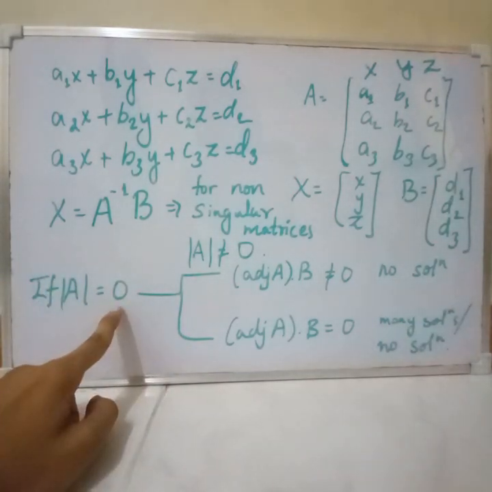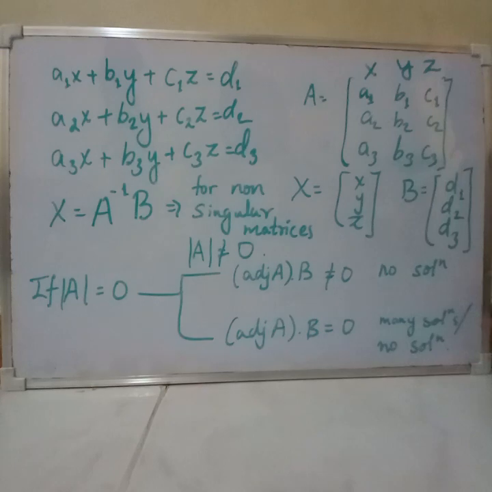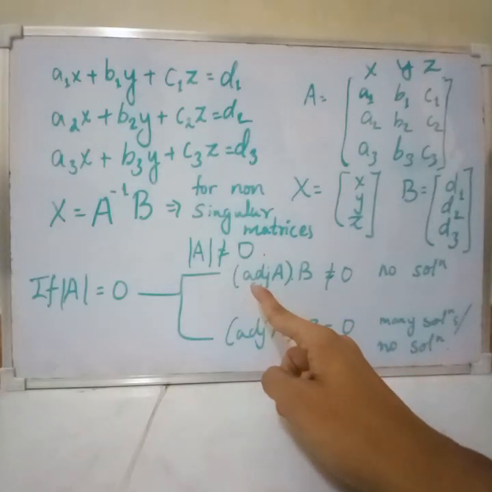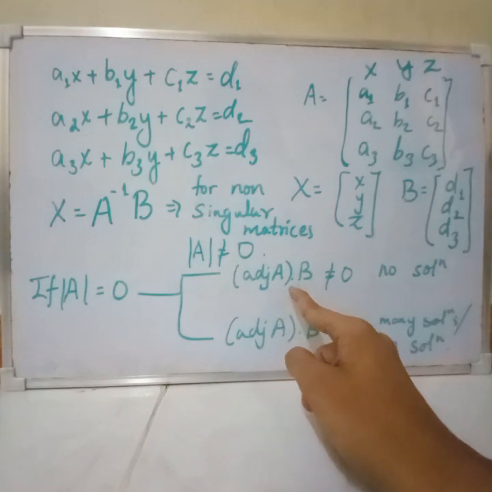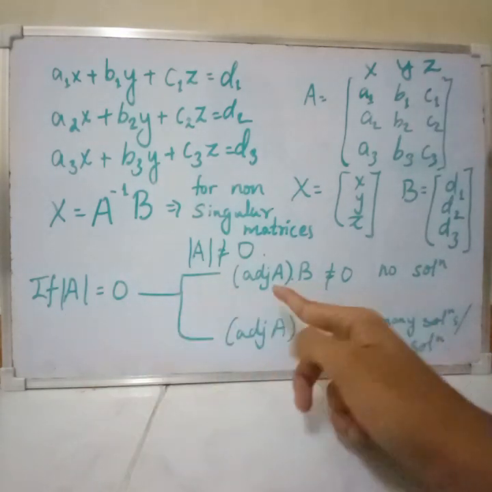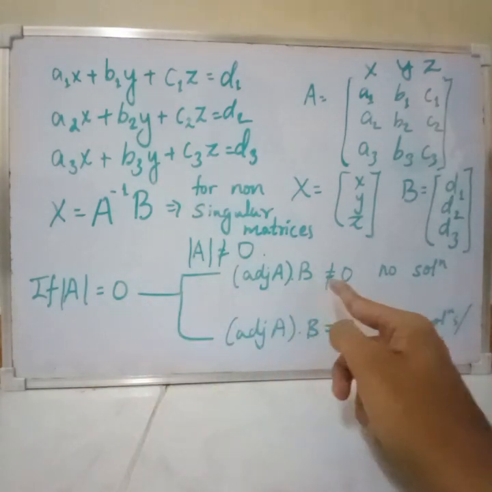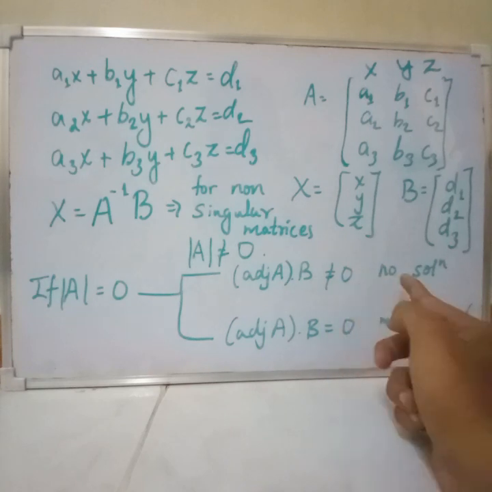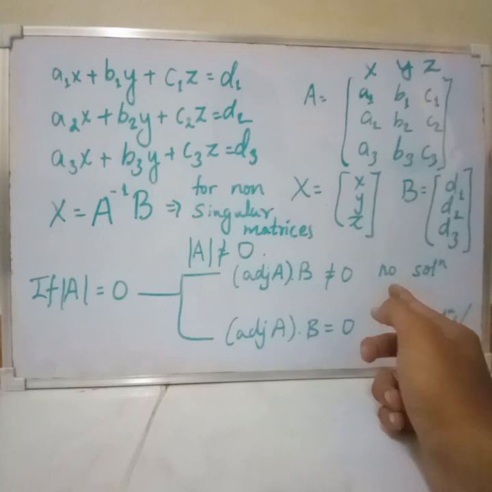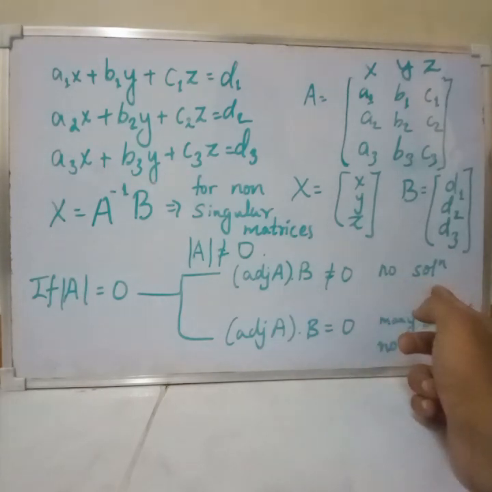Otherwise, if it is equal to 0, we have two different cases. In both cases you have to check that the determinant is 0. Then check adjoint of A multiplied with B. If adjoint of A times B is not equal to 0, then the given equation is inconsistent. That means it has no solutions.